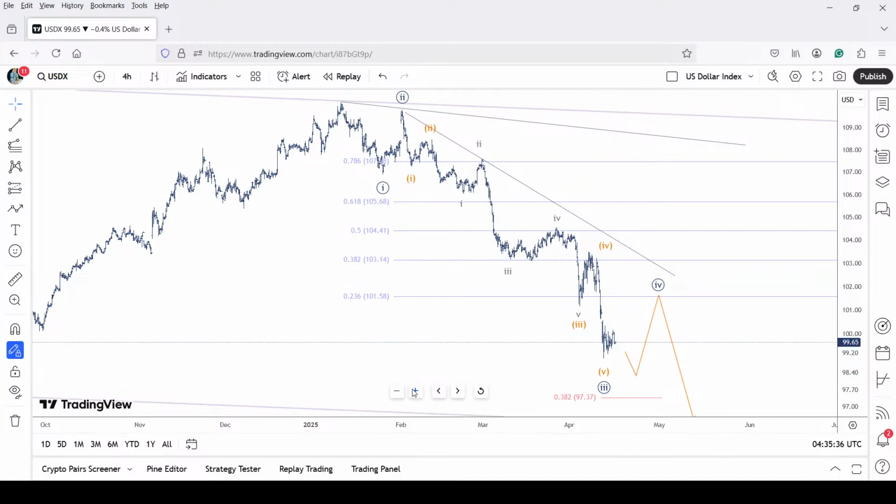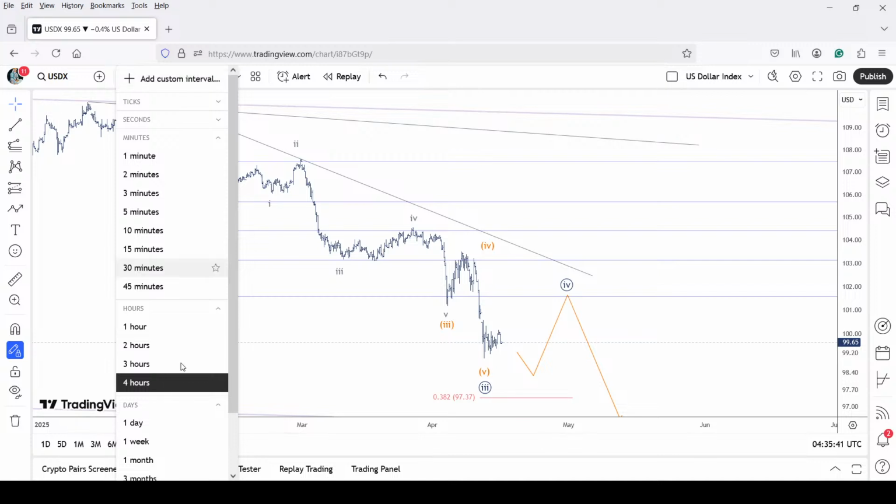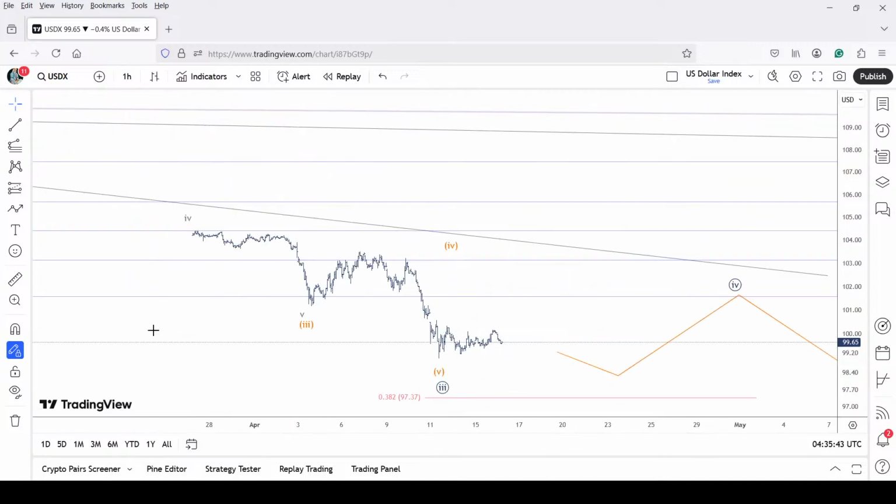You can see price action. Let me flip the chart on an hourly. You can see price action already turning lower from 100.22. It could also mean that it's continuing to drift sideways.